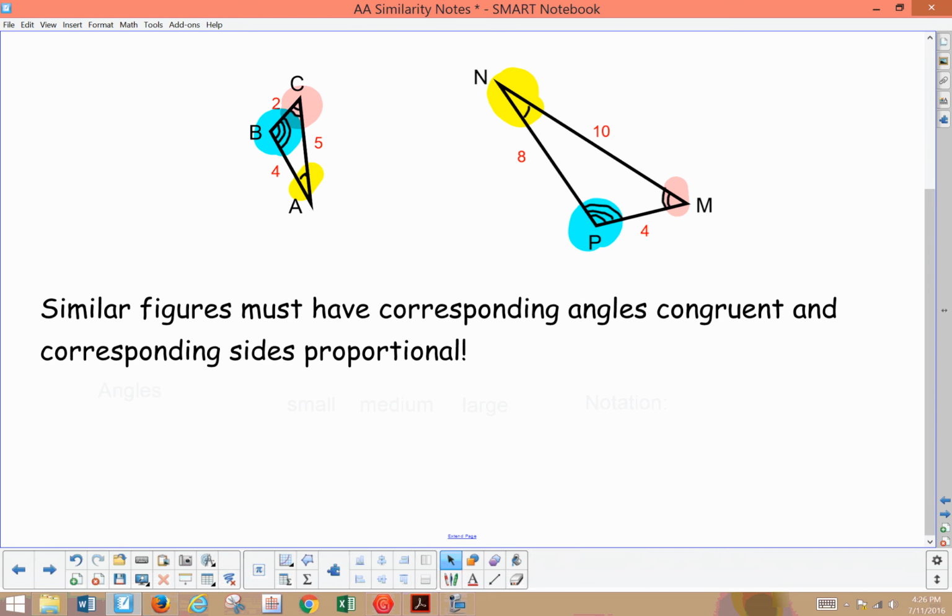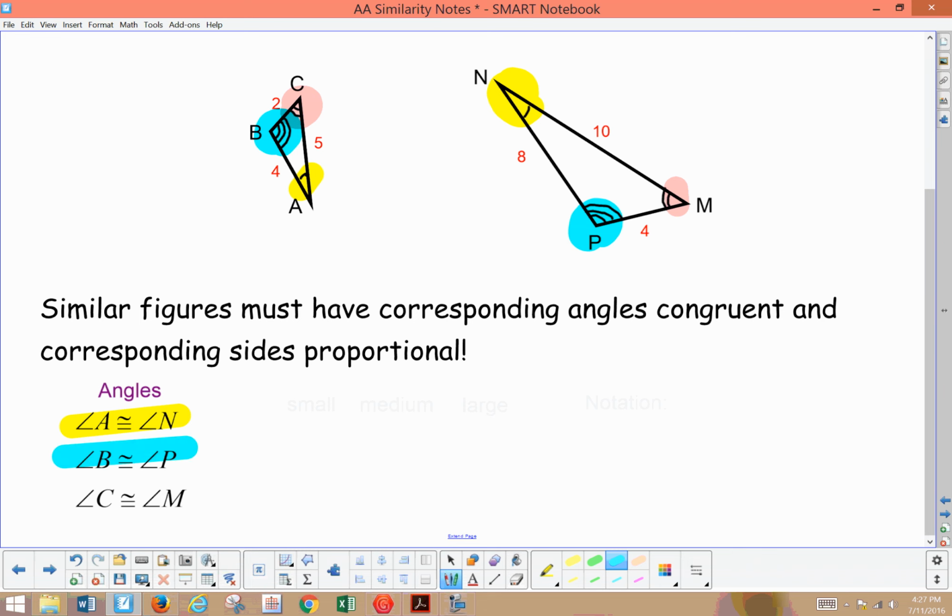So I know that my angles have corresponding matches. Angle A was congruent to angle N. Angle B was congruent to angle P. And angle C was congruent to angle M. That's what I mean when I say we have corresponding angles that are congruent.